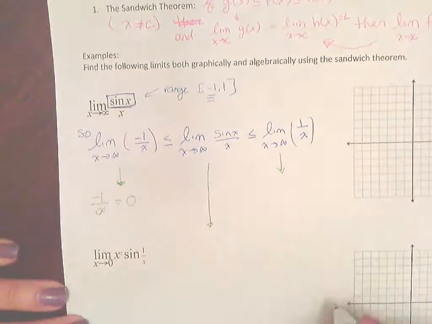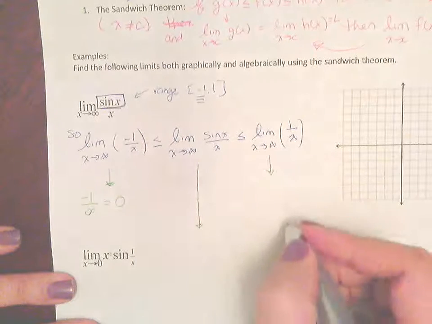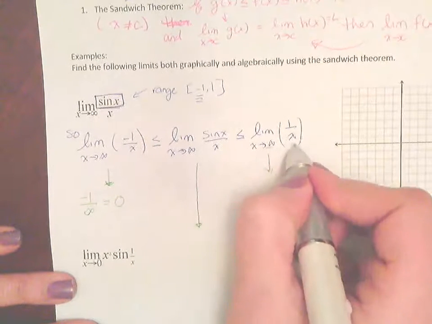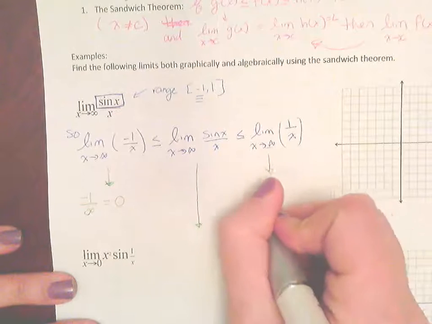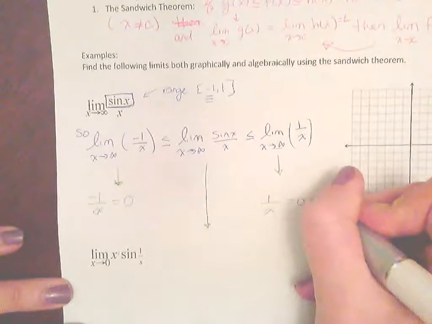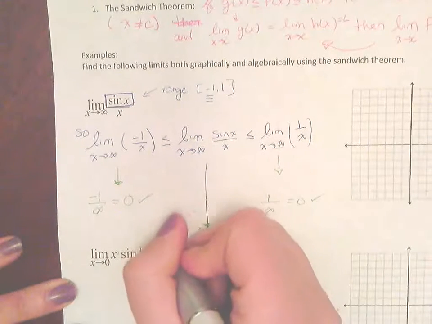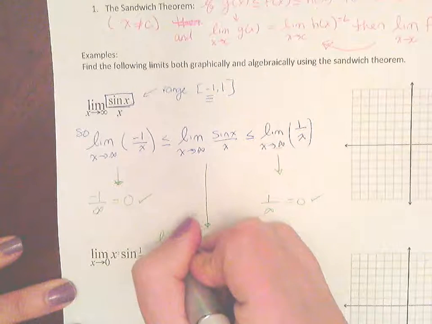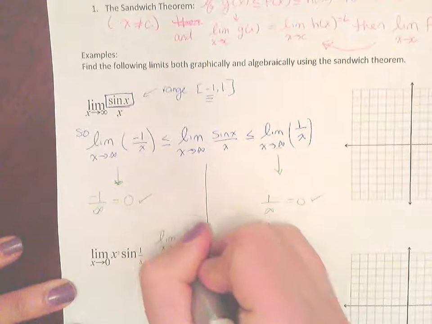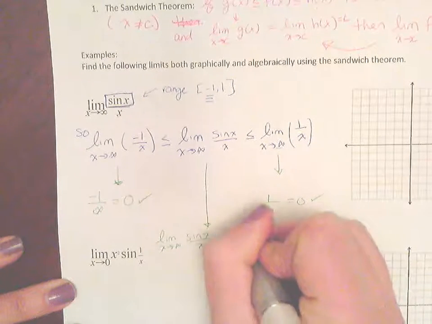It's approaching 0. Correct? And now here, I'm also going to plug in my infinity for x. And I know that 1 divided by infinity is also equal to 0. So because these two equal each other, I can conclude that the limit as x approaches infinity of sine of x over x is 0.